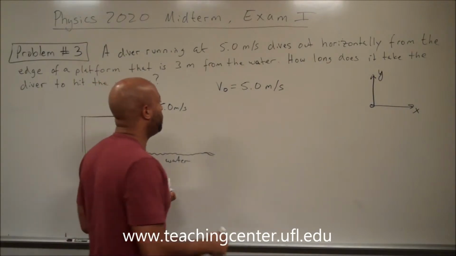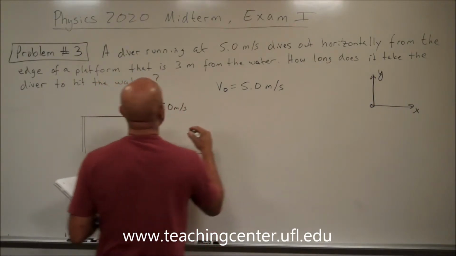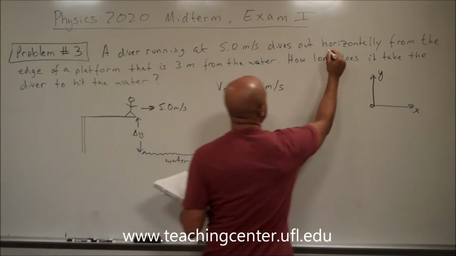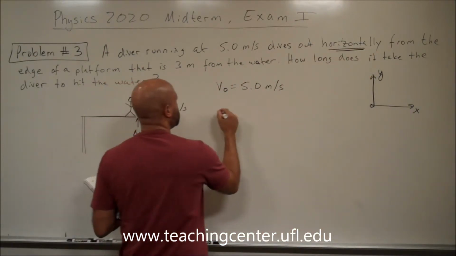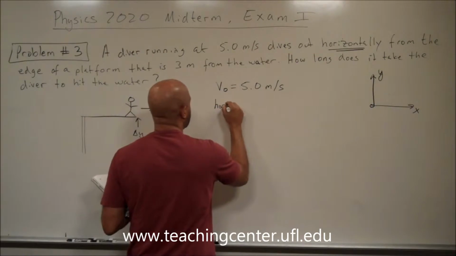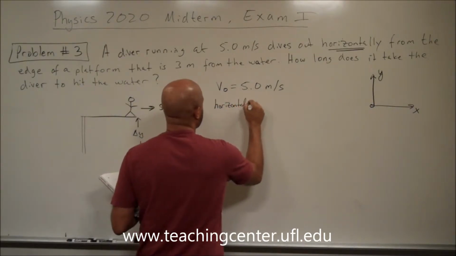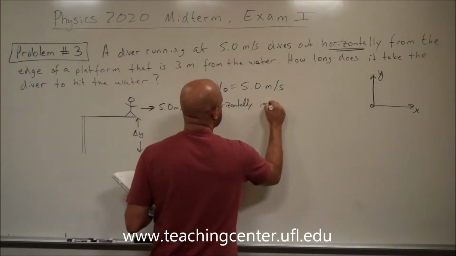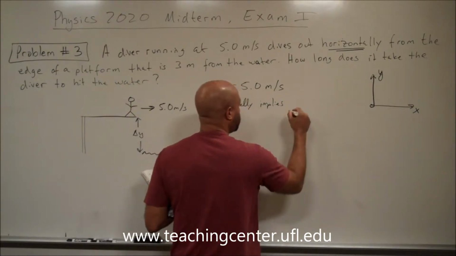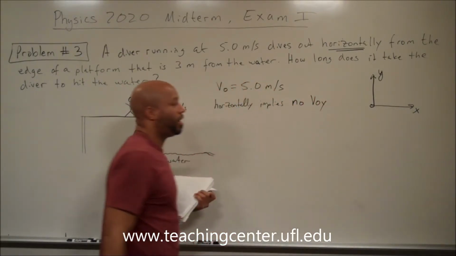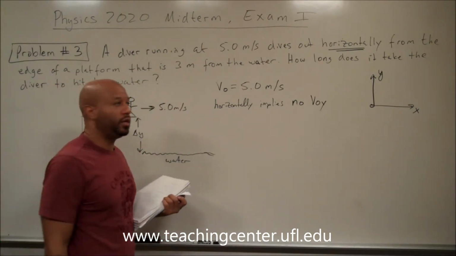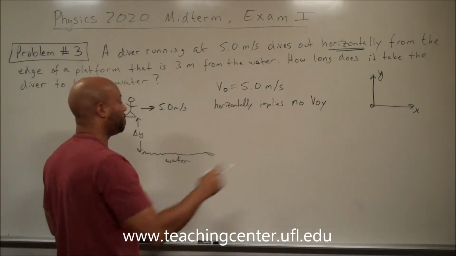But it also specifies that he dives out horizontally. Okay, so that implies there's no v0y. There's no initial velocity in the y direction, only in the horizontal direction.